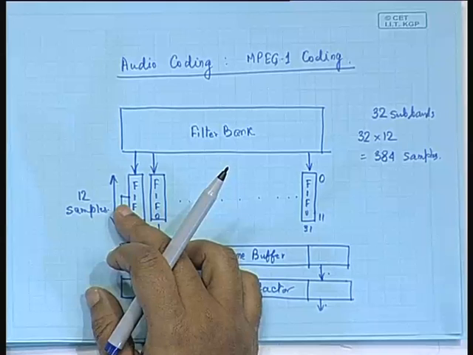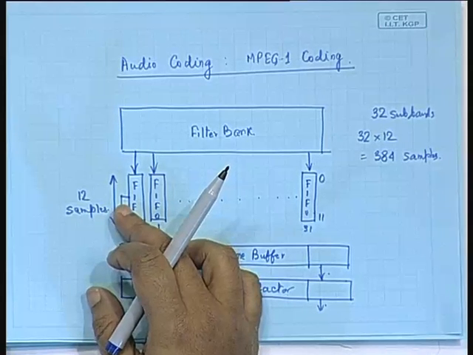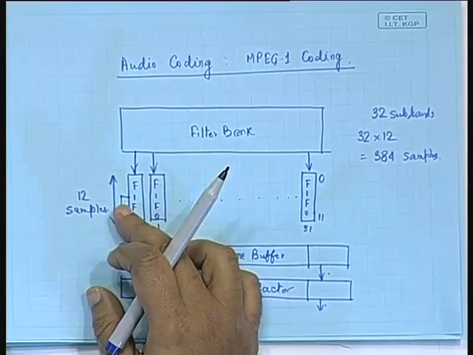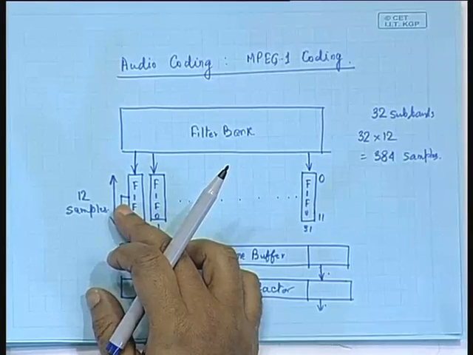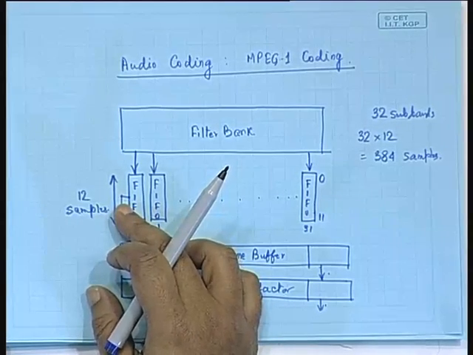So, 36 samples per subband means that we have 36 into 32, which is 1152 total samples, and these 36 samples per subband are again divided into 3 blocks of 12 samples each.